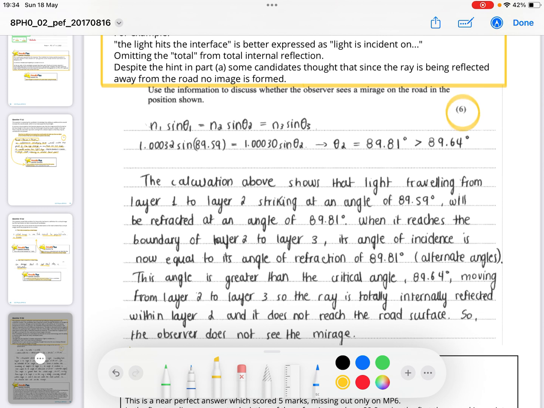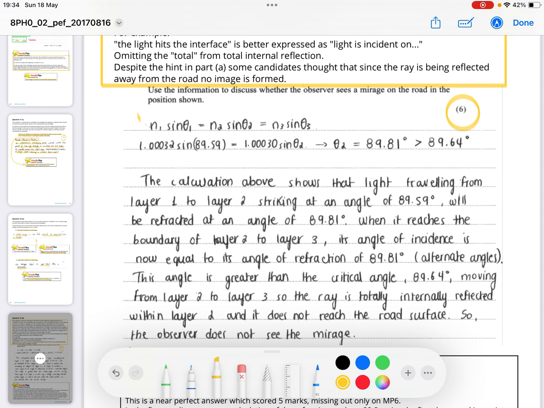And the question is the second part of the mirage question. It says they're giving you information about the 3 layers of air, the hottest layer being at the bottom, and how the light refracts or reflects off each surface depending on the law of refraction.